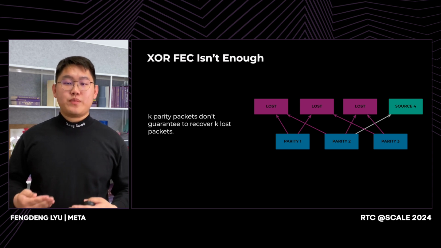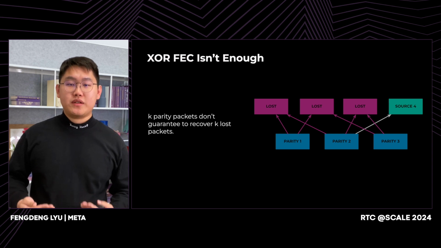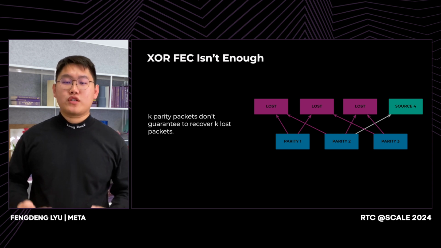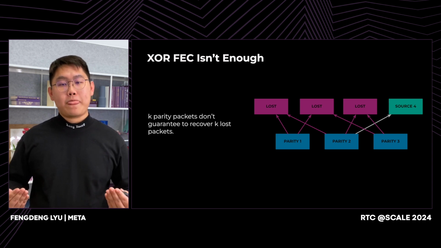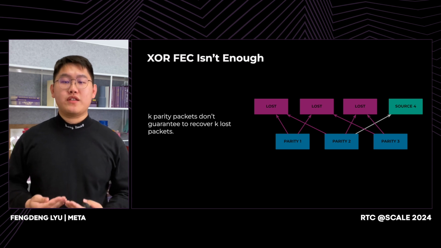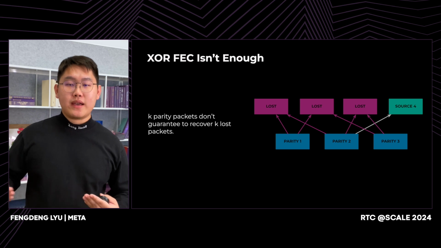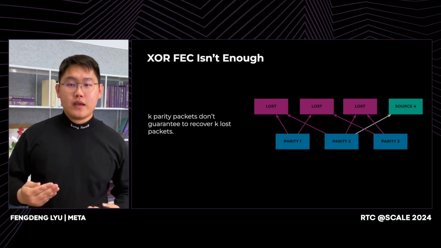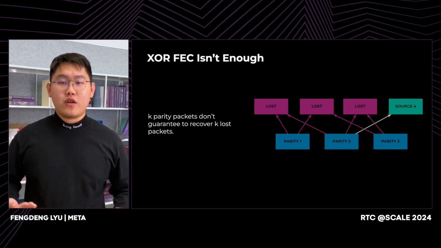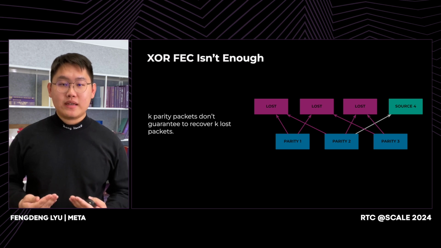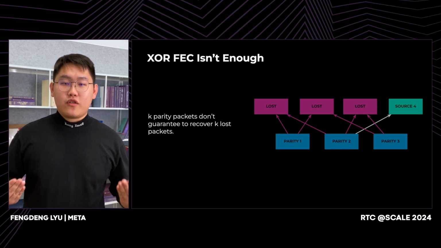Alternatively, if those parity packets were generated by RS code, every lost packet could be recovered. In fact, regardless of the number of source packets, if we generate K packets by Reed-Solomon code, it will allow us to recover up to K lost packets in any combination.